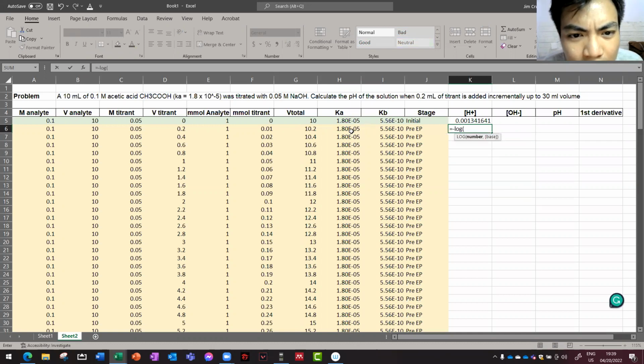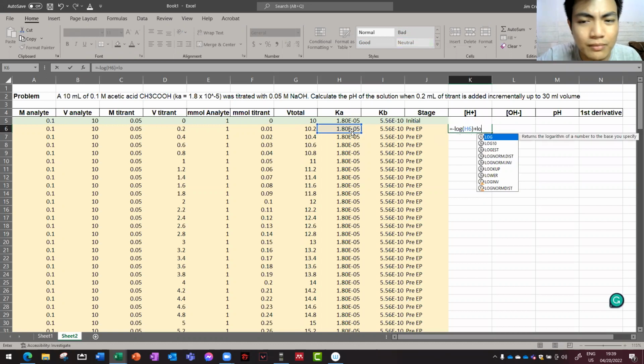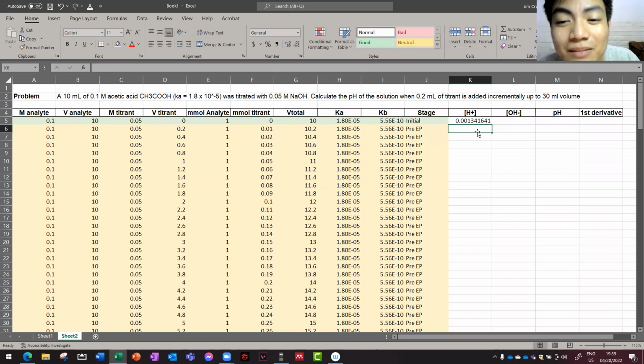Sorry, it's the pH that we get directly, so it can't be filled out separately. I just forgot the Henderson-Hasselbalch equation.